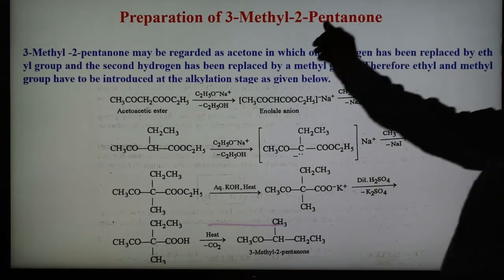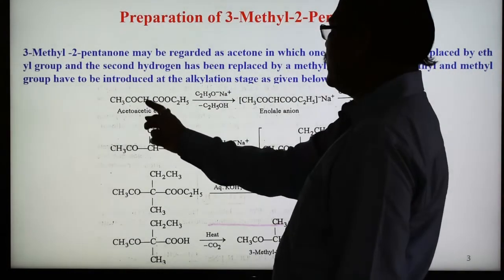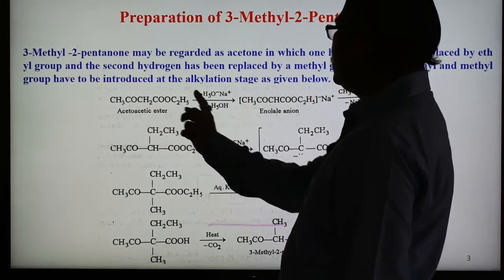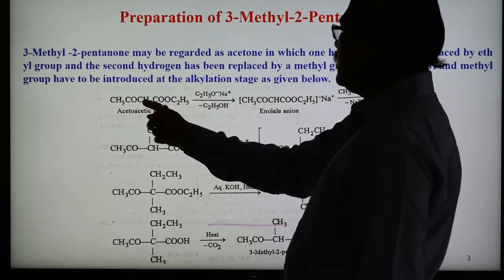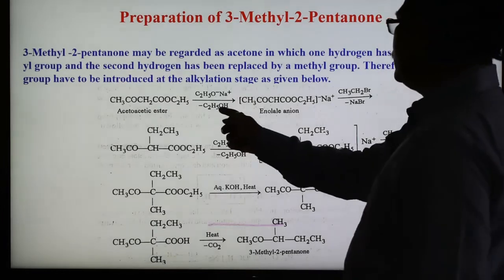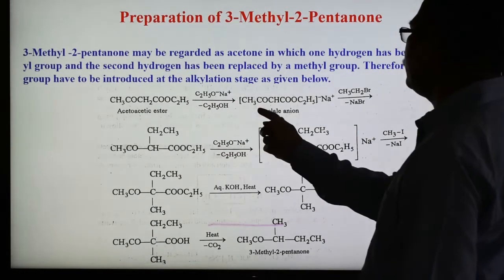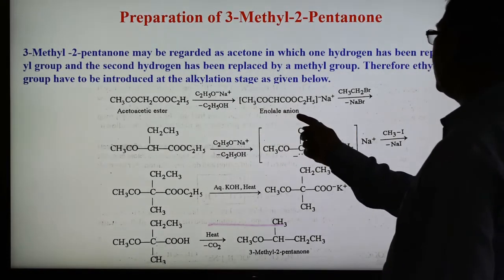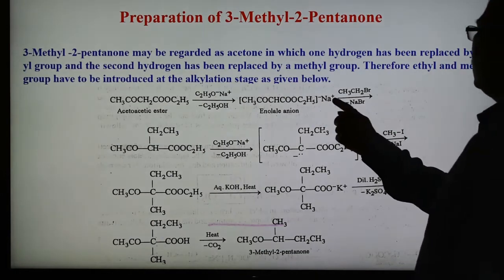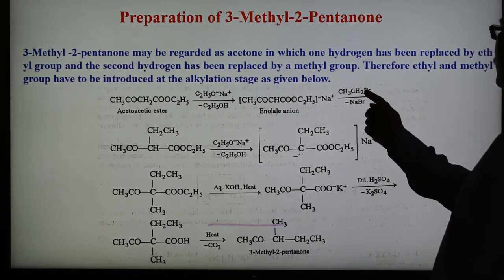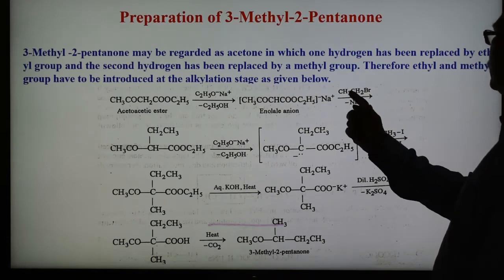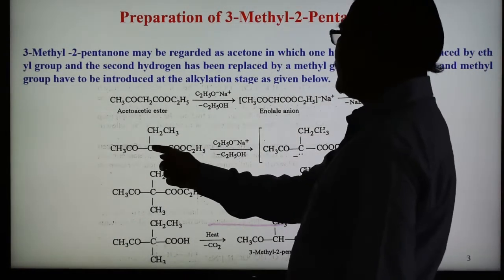So this is the acetoacetic ester having an active methylene group, and the ethoxide abstracts hydrogen from the CH2, and there is a loss of C2H5OH. After that we get the enolate anion, having negative charge on the carbon. This reacts with ethyl bromide, NaBr is lost, and the ethyl group is attached to this reactive carbon.